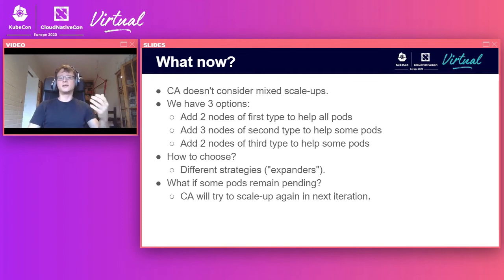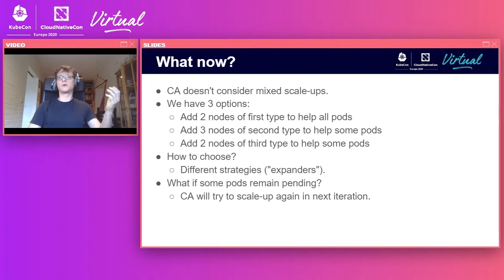But there are others, like least-waste, the one that tries to have the least unused resources. There is a pricing expander available for some platforms, which tries to choose the cheapest option in terms of dollar cost. And there is also a priority expander, where the user specifies a list of preferences between node groups, and Cluster Autoscaler will try to choose whichever one is the most preferred.